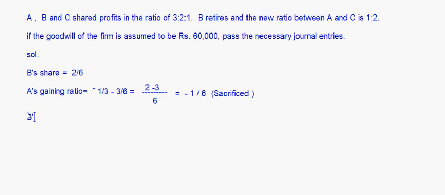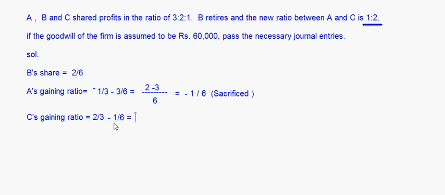Let's find out C's gaining ratio. It is 1/3 minus... sorry, the new ratio is 2/3, since it is 1:2. So this is 2/3 minus 1/6.